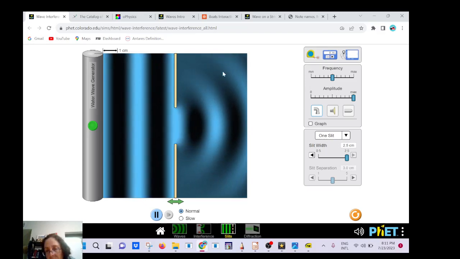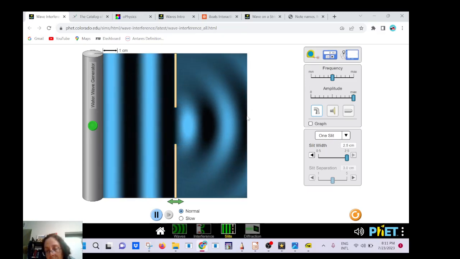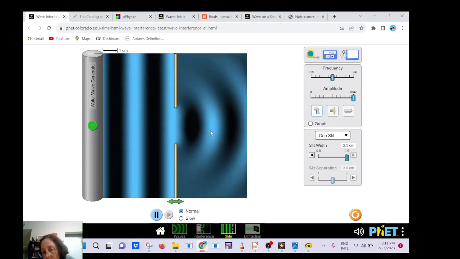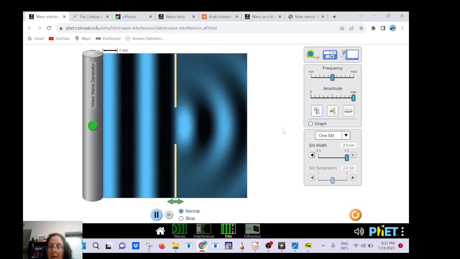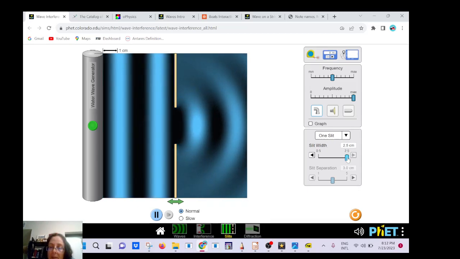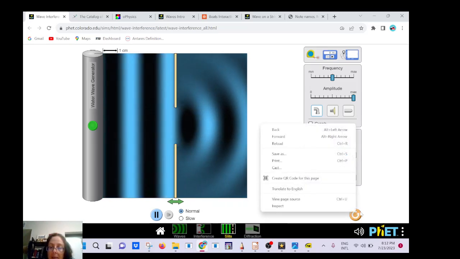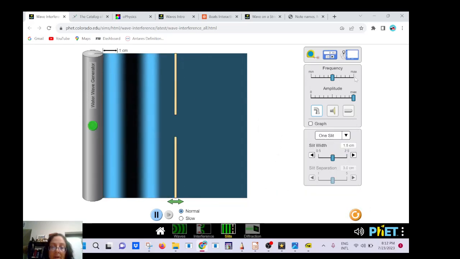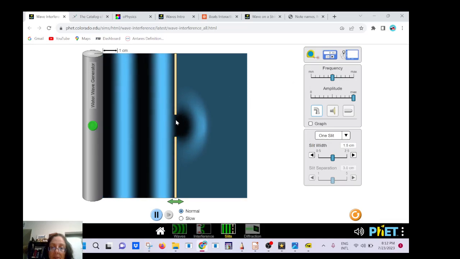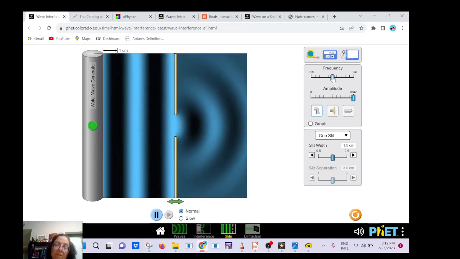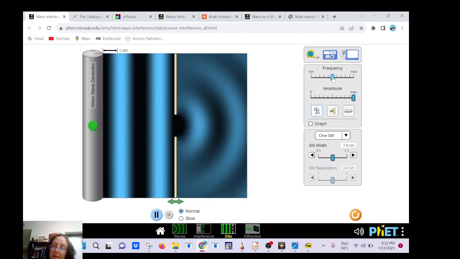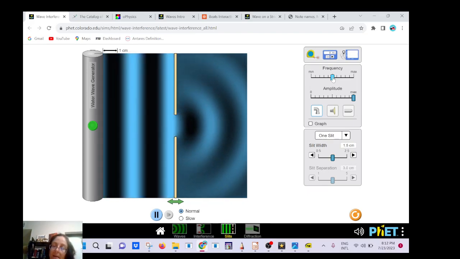So you have some stuff here, but not that much. You see, most of the sound will come here almost straight through. I can also play with the frequency. So if you increase the frequency, you're going to decrease the wavelength, so it doesn't spread that much.